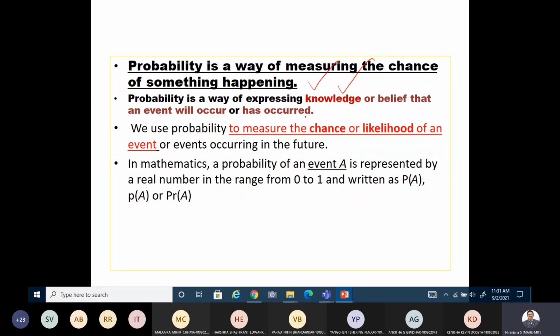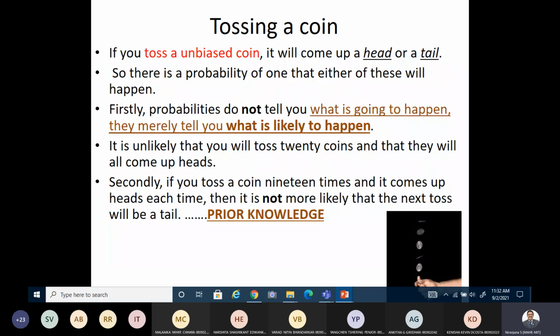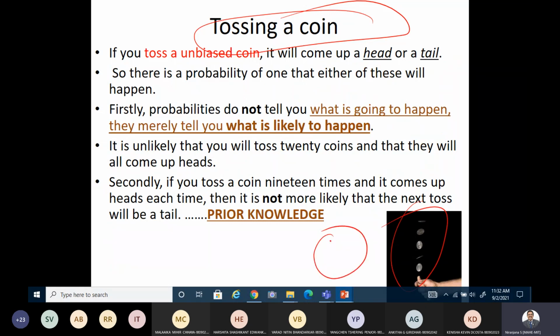So probability, to measure the chance or likelihood of an event, will help us to describe some event. How exactly it may be studied in some problem such as the coin problem, having a fair coin, right? Or an unfair coin, right? When you toss a coin, all of you know that in this experiment, you get one of the faces, maybe head or tail.